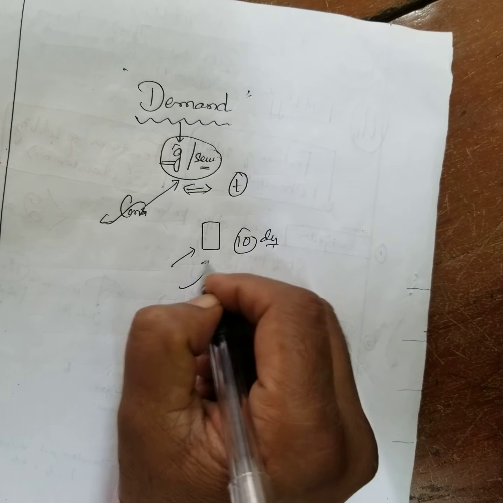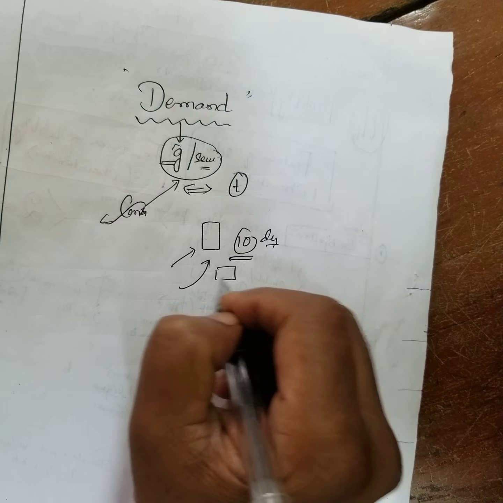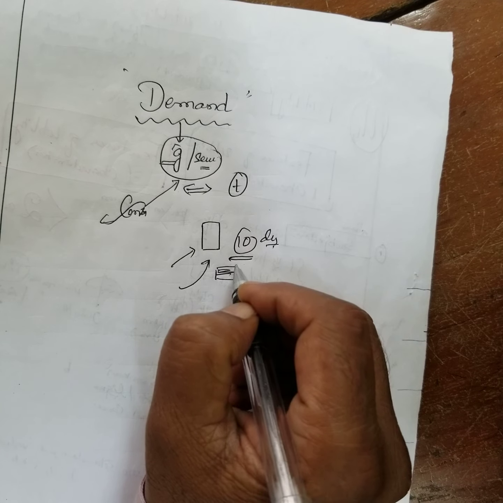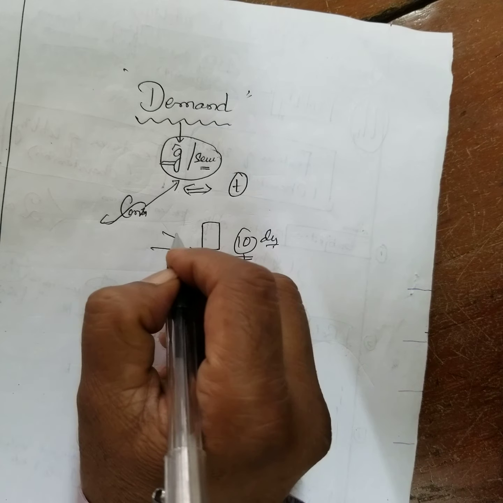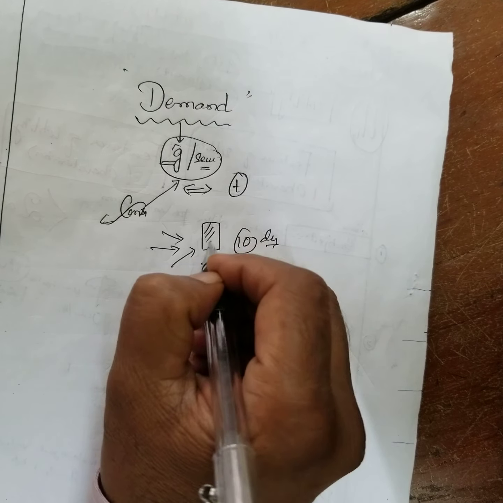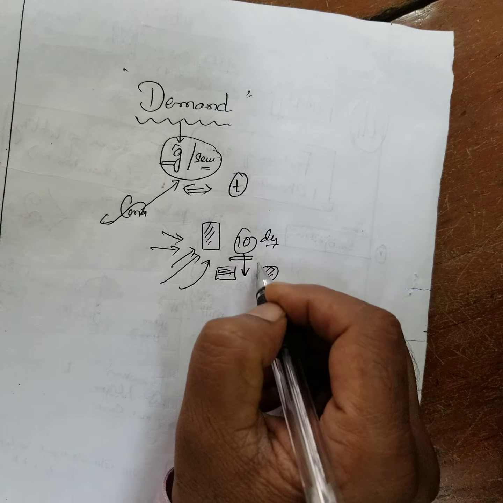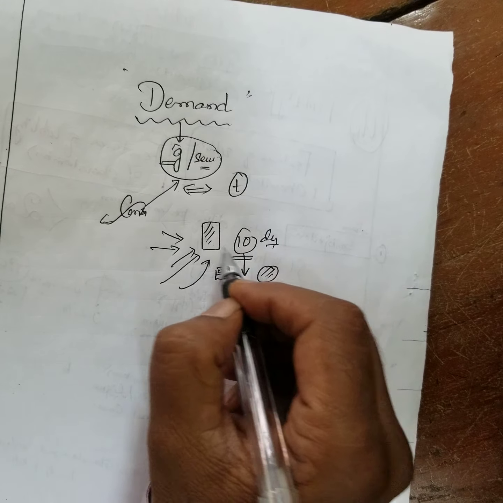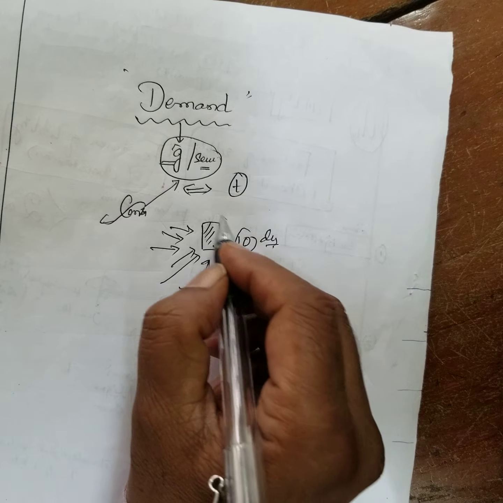Under normal circumstances, students may not pay the fees for that time, but just 10 days are there. The parents and students are ready to go and want to learn. They are ready to pay any amount or more than whatever is required, and they will search for a teacher to learn. That's called demand.